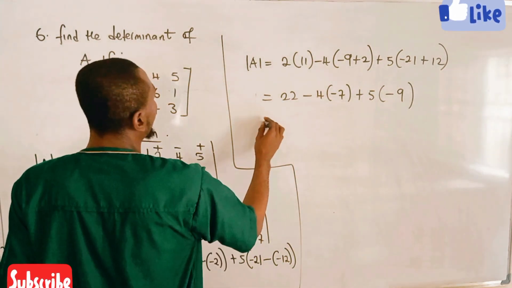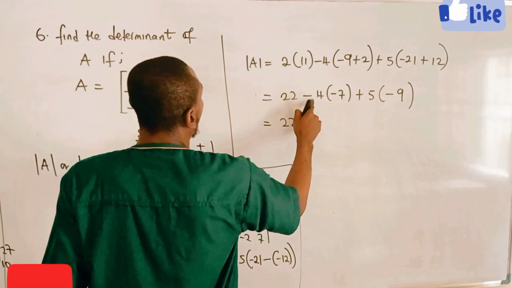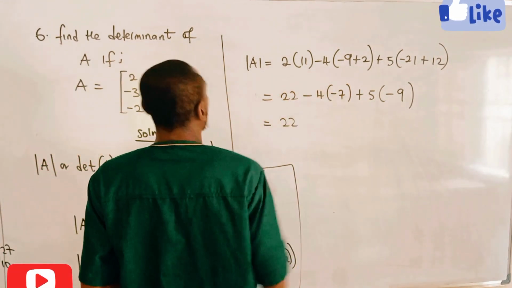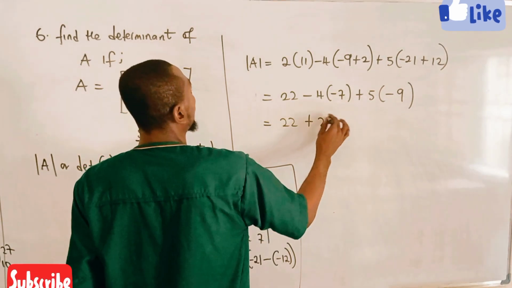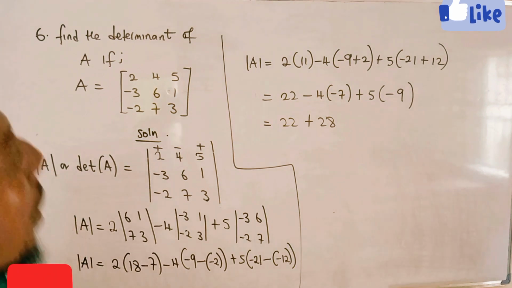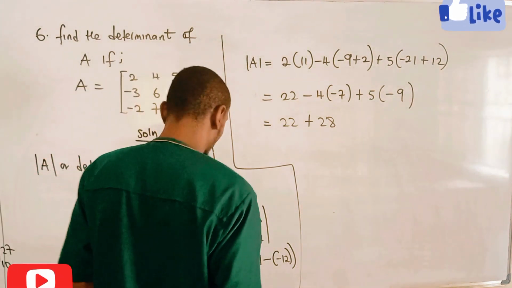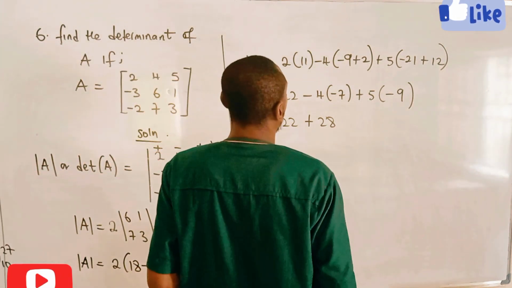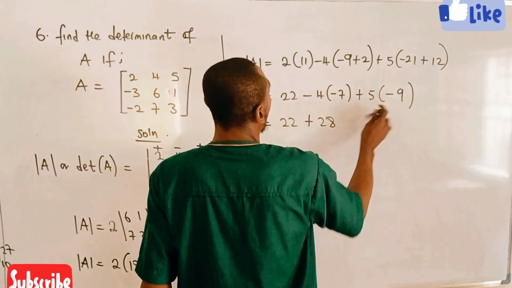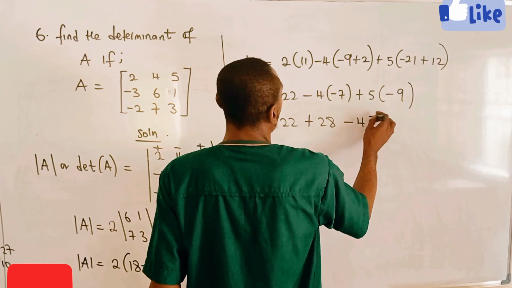So we now have 22 minus 4 multiplied by minus 7. Of course, minus and minus is plus, so we have plus 28. Then plus 5 times minus 9 is minus 45.